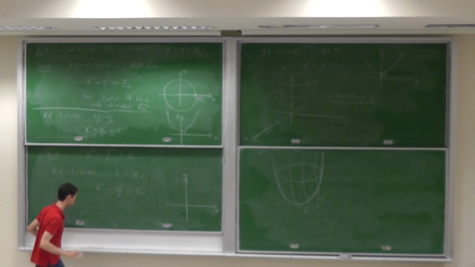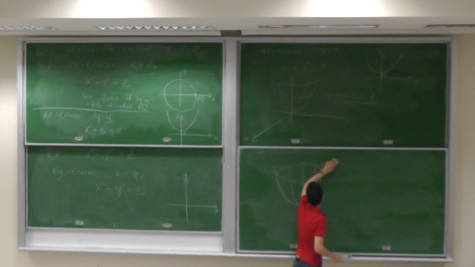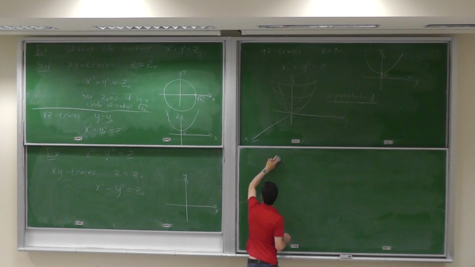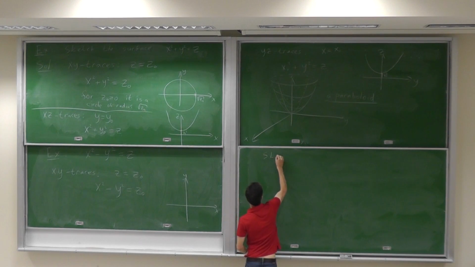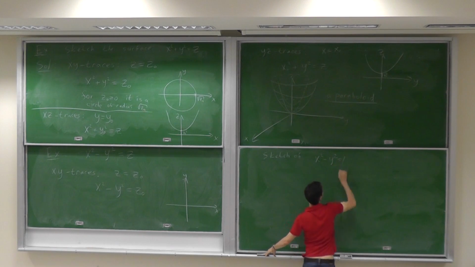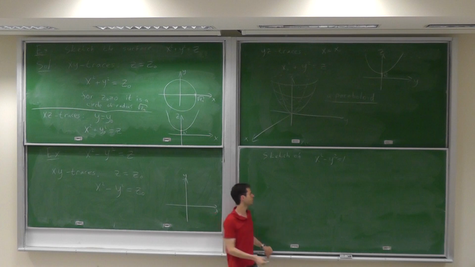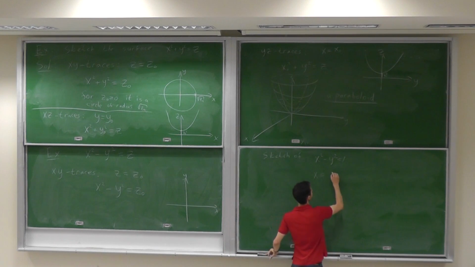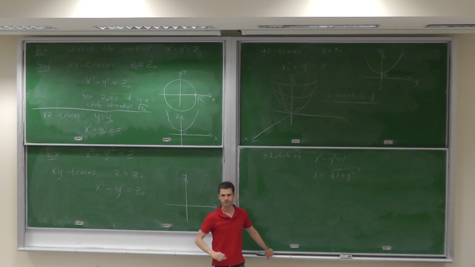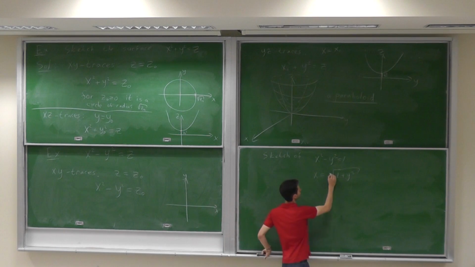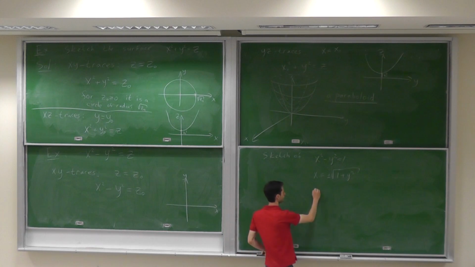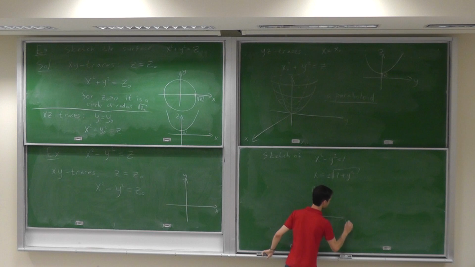So let me, on a separate board, try to sketch the curve x squared minus y squared is equal to 1. I can rewrite this as x is the square root of 1 plus y squared, and I will probably have to write that it's either a positive or negative number. Let's try to understand how the picture looks.